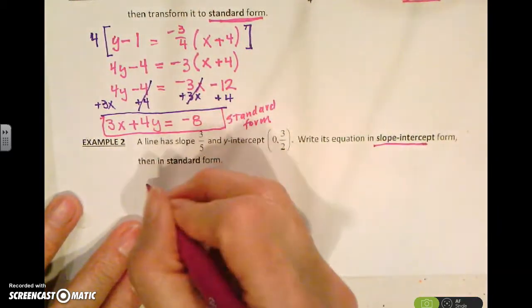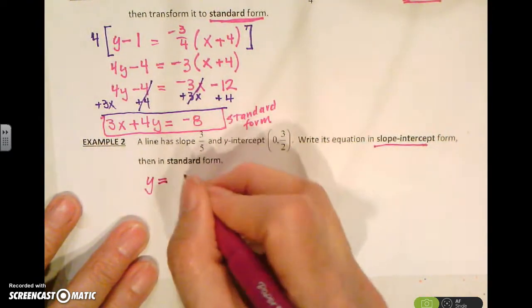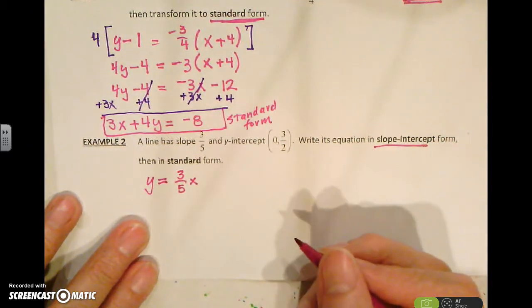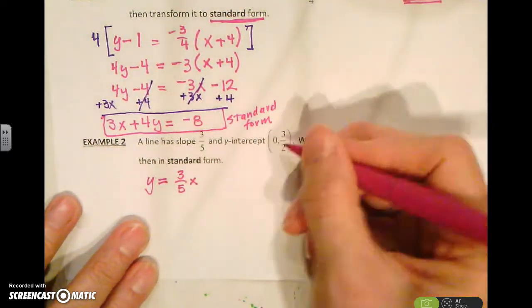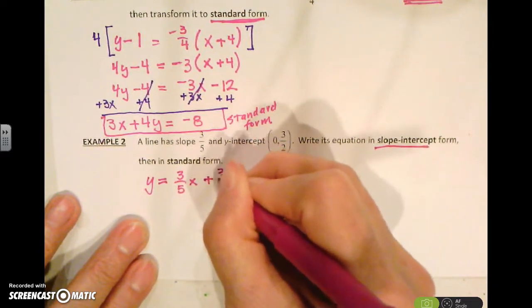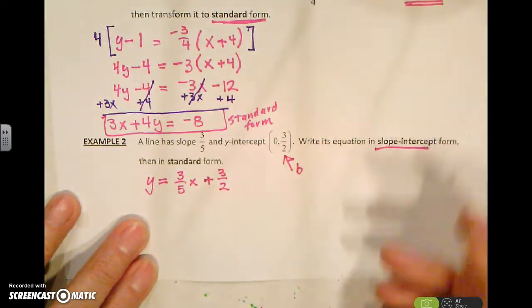So in slope-intercept form, I'm going to have y is equal to the slope, which is 3/5 times x. I have the x there. And then the y-intercept is, so my b is 3/2. So this is my b right there.